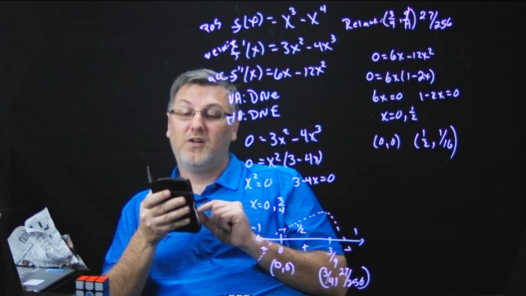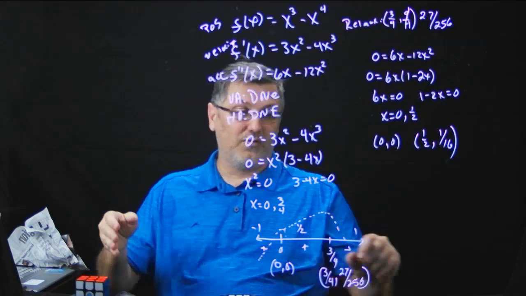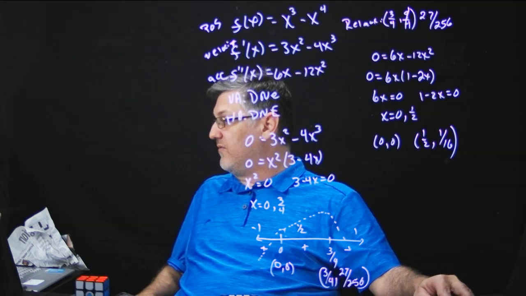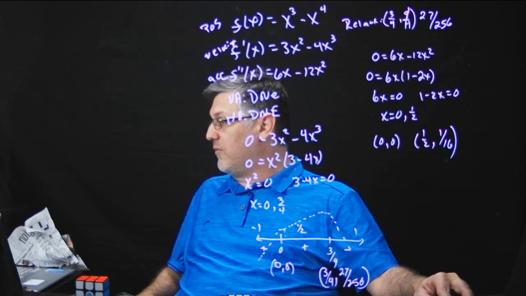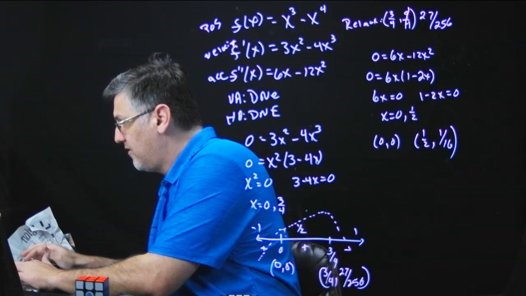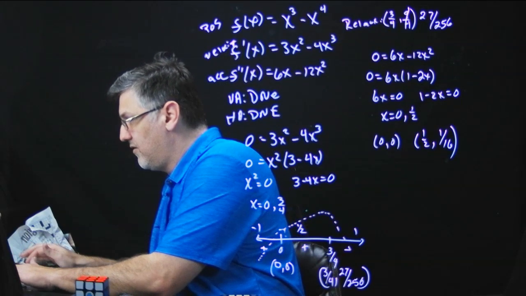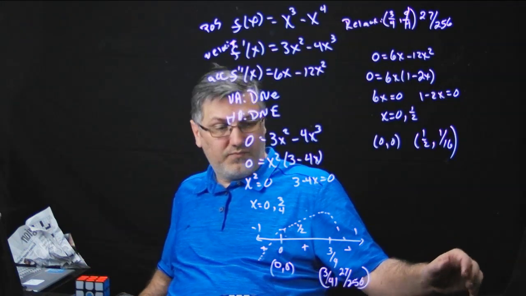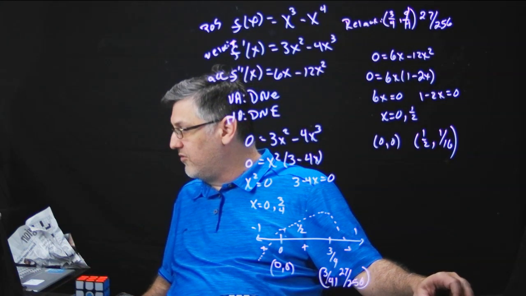That's weird. Let me look up the second derivative test. Give me a second. I don't remember that one off the top of my head. Just show me the actual test.